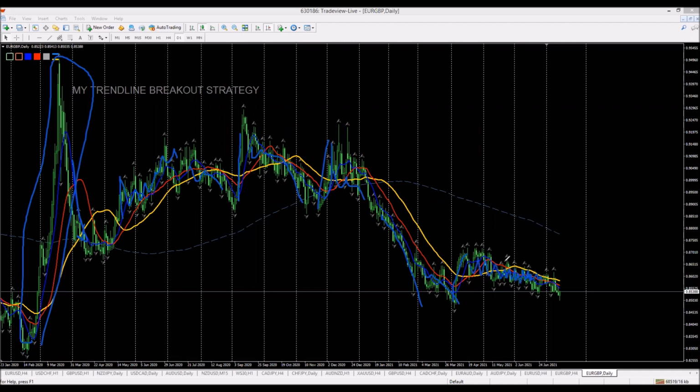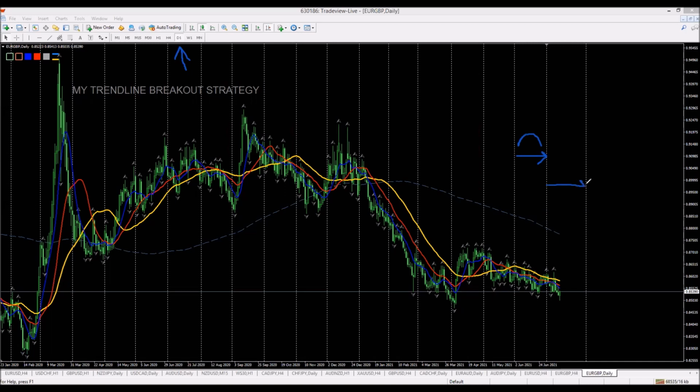Now, when I say it's just struggling, let's look closely at this, guys. We're on the daily chart, which means that in between here to here, this period separator of time is a month. The month we're currently in is July. We've been in a sideways movement for June.